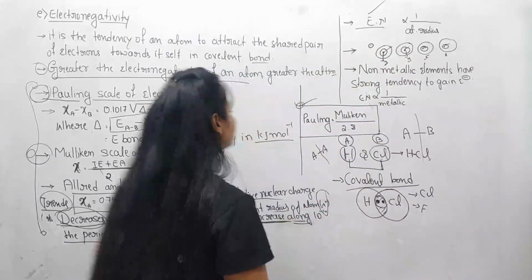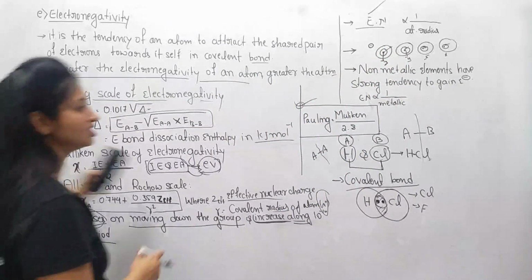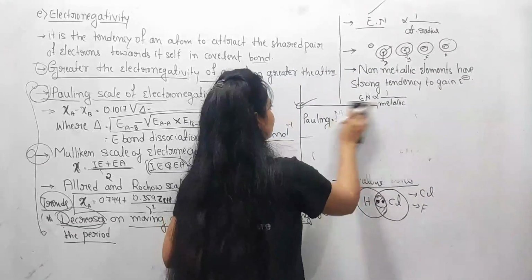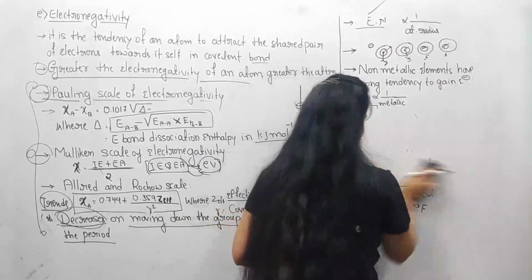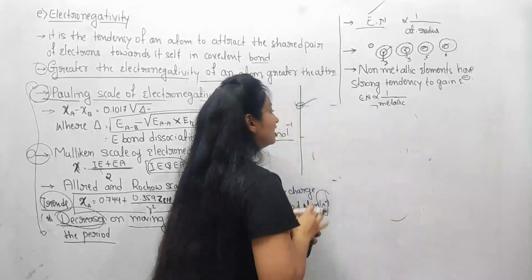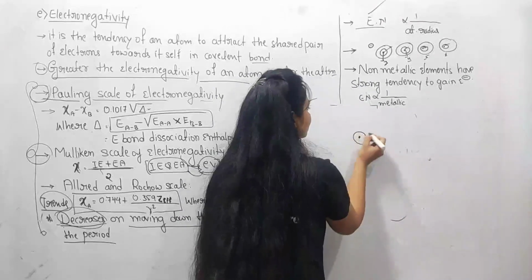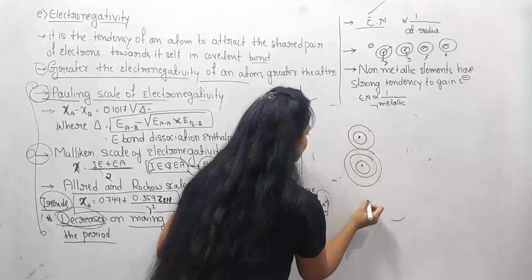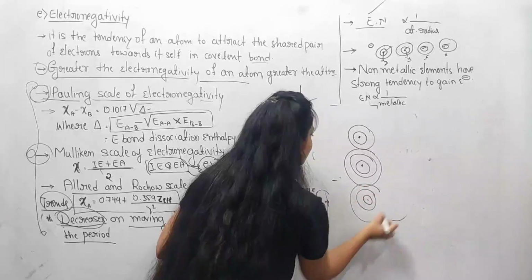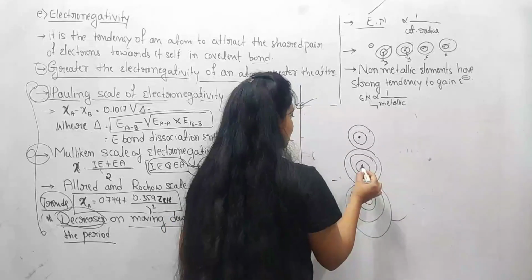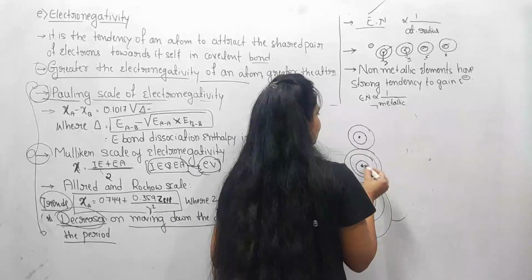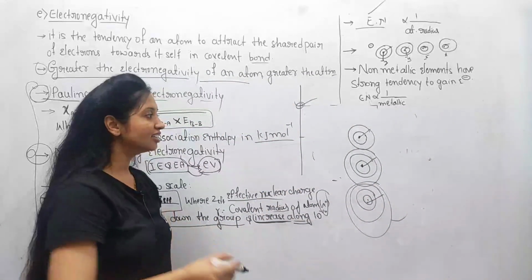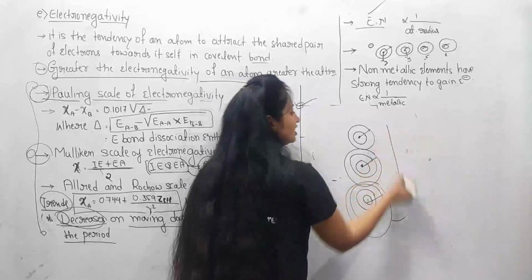But what about in the groups, guys? I wish to explain that here. In the groups, what happens? New shells are added as we go down the group in the periodic table. So the distance between the nucleus and the electron becomes larger as we move down the group, and the atomic size also increases.